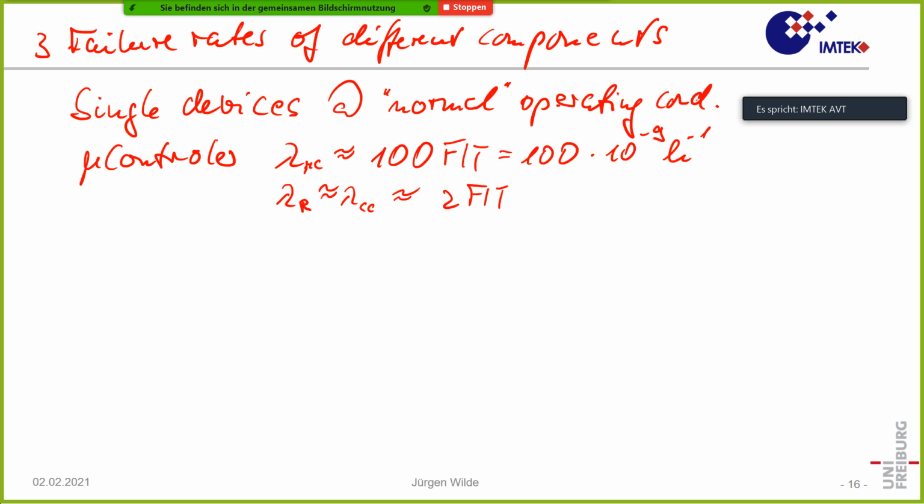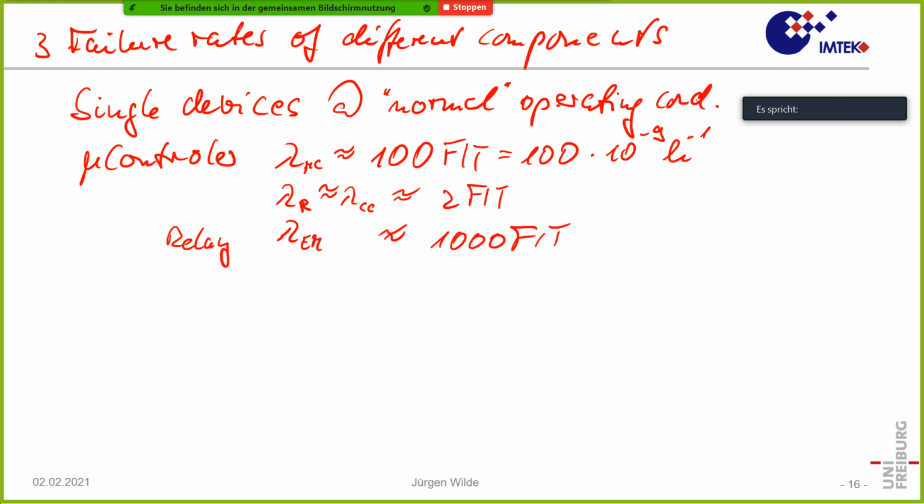What could it be for an electromechanical system like a relay or so? How many fit? Here it can be significantly higher. For instance, it can be 1000 fit.